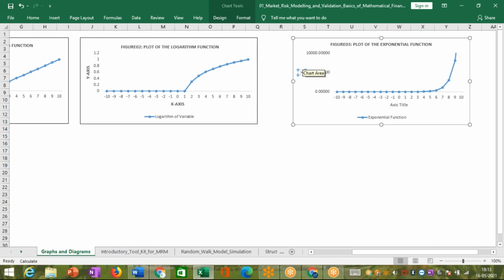So this is the y-axis. This is the x-axis.